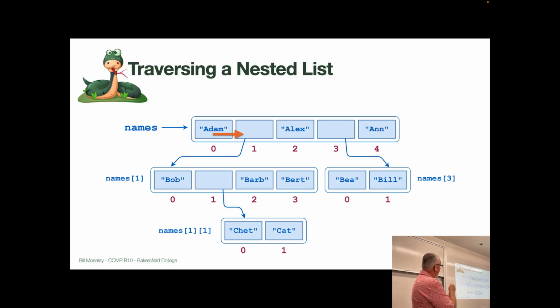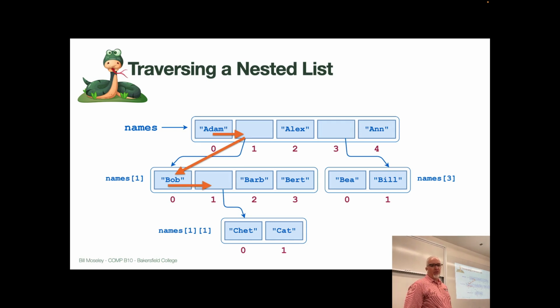So it would start with Adam, because that's the first list, index 0. But when it reaches index 1, it encounters another list. So what it does there is it follows that link into the sublist. So it will grab this first B list and it will start at slot 0 there.